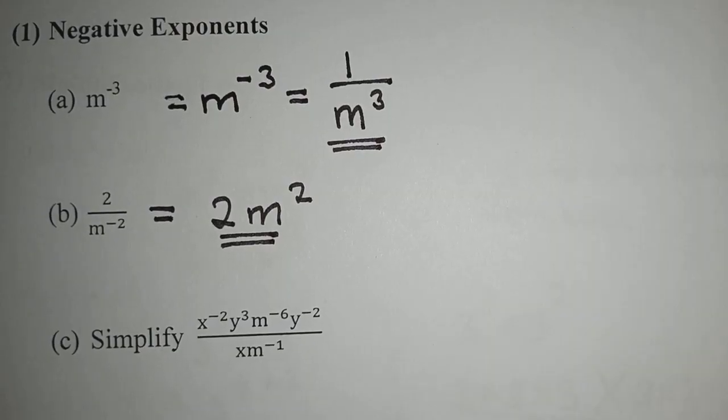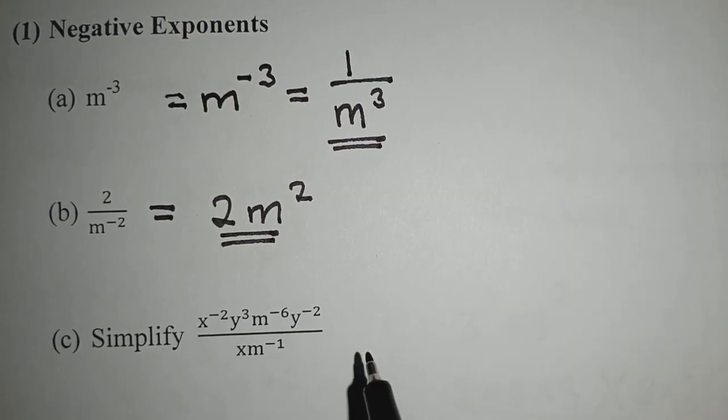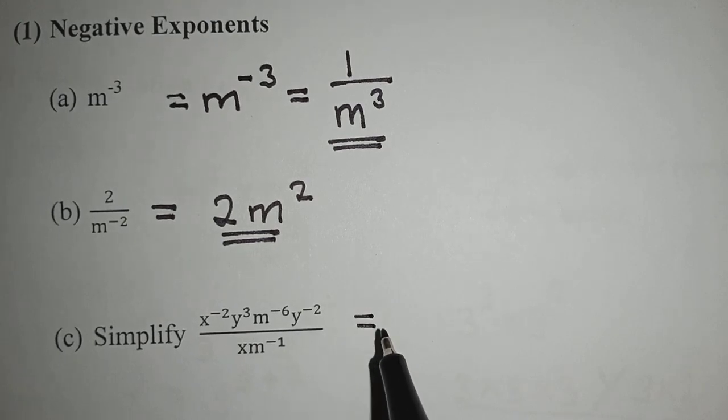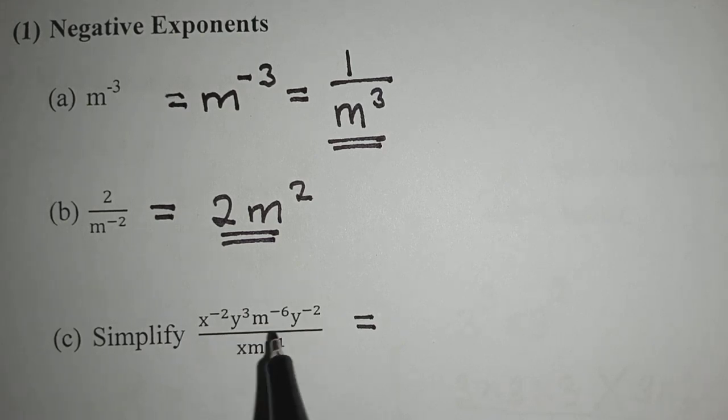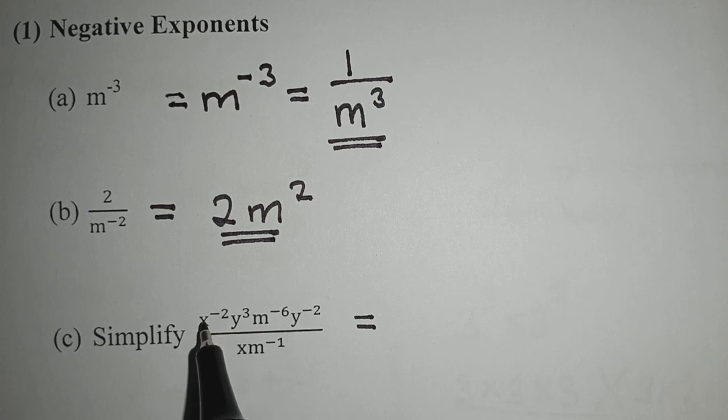Let's try to simplify here and see if we have understood what is happening. So the first thing here will be to rearrange. Anything that is on top with the negative power should go below, and anything that is right here below should go on top, for as long as the power is negative. So we have x power negative 2. So this one needs to move.